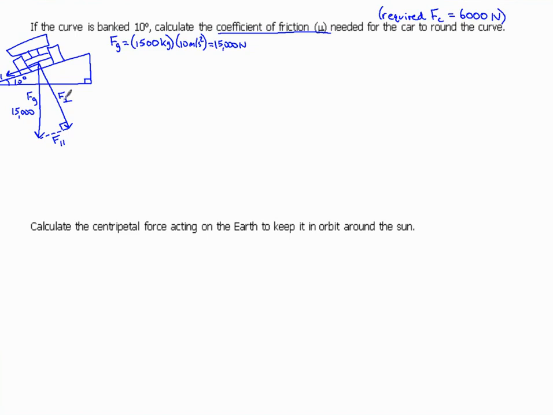So let's find the individual components. Cosine of 10 degrees is the force perpendicular over 15,000, or the force perpendicular is 15,000 times the cosine of 10 degrees. We find that this perpendicular force is 14,770 newtons.